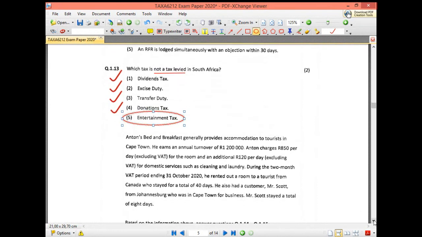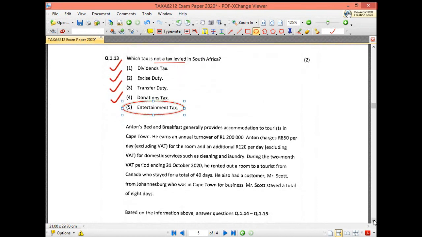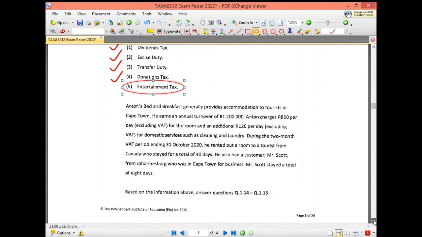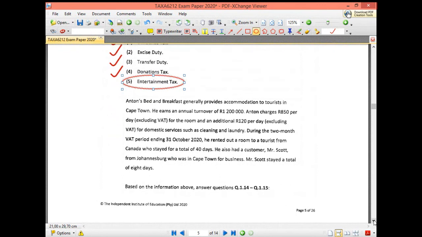Okay, then they give you more information. So now, based on this, we are going to answer questions 1.14 and 1.15. The first thing they tell you, Anthony's Bed and Breakfast generally provides accommodation to tourists in Cape Town. So we provide accommodation to tourists. He earns an annual turnover of 1.2 million.